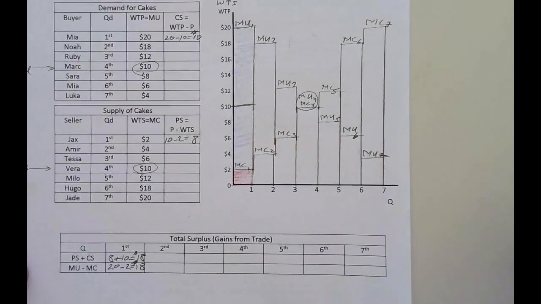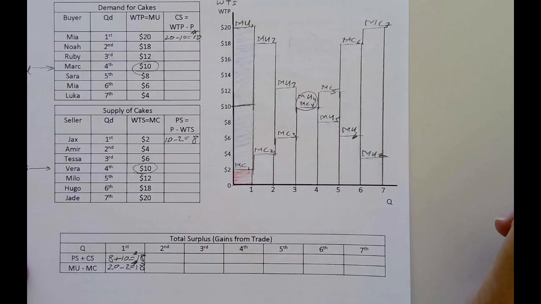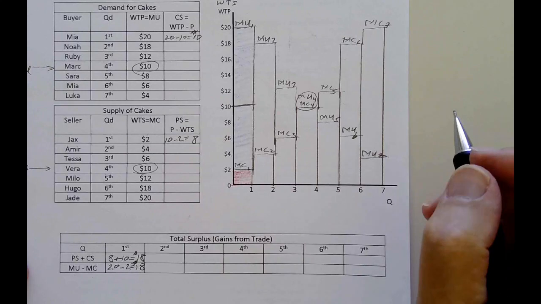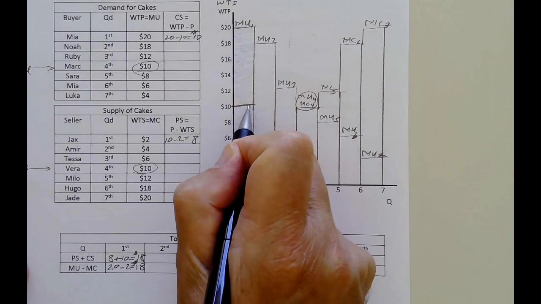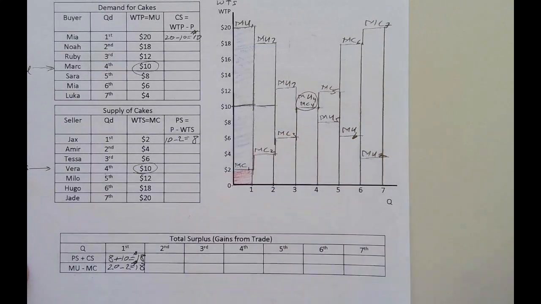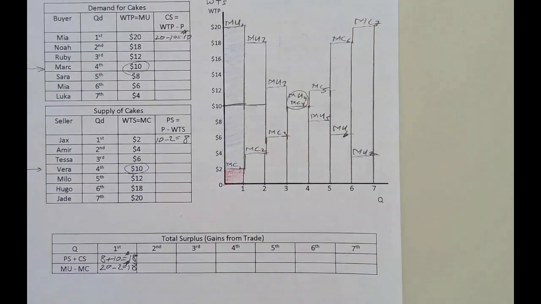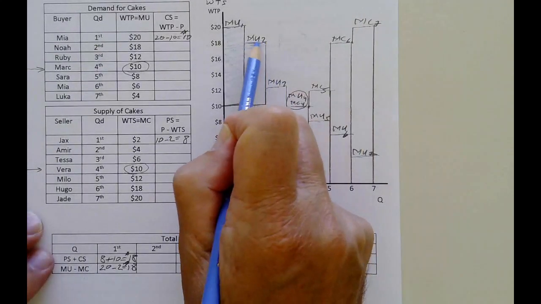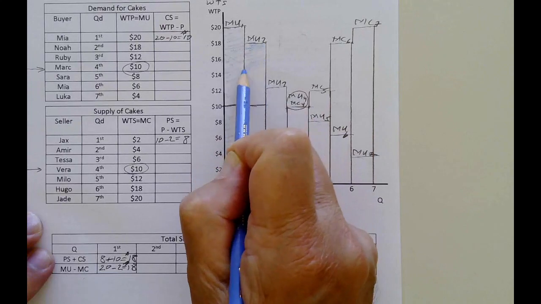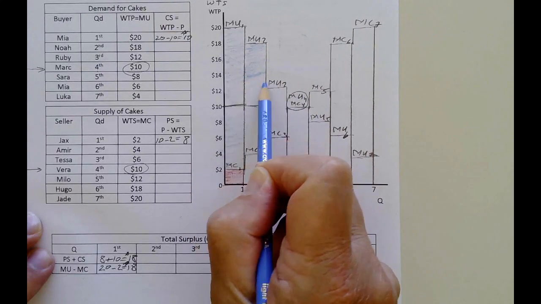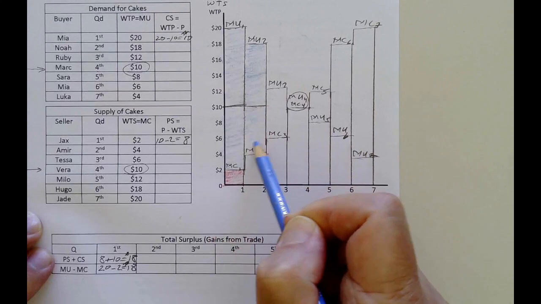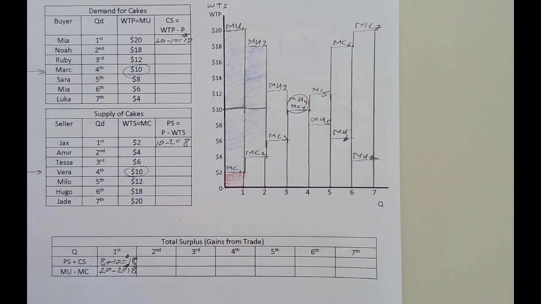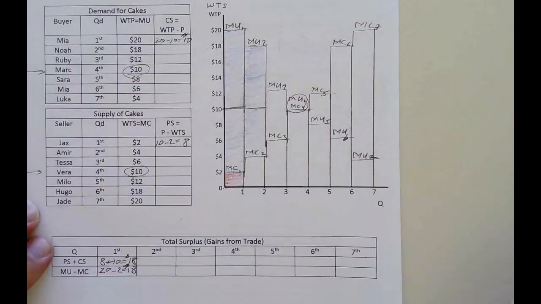Is the second cake efficient to produce? And the answer is, if it has a positive social surplus, and the answer is going to be yes. And so again, the price $10 again goes out to here. And we had a total benefit, utility that goes to Noah for buying that second cake. And so Noah's willing to pay $18, and it only costs $4 to produce it.